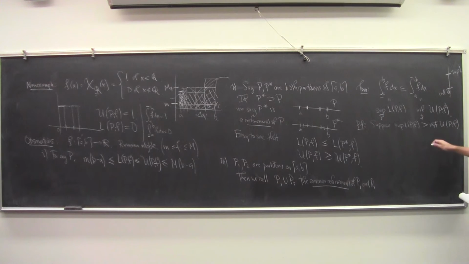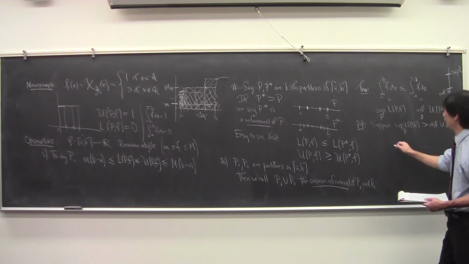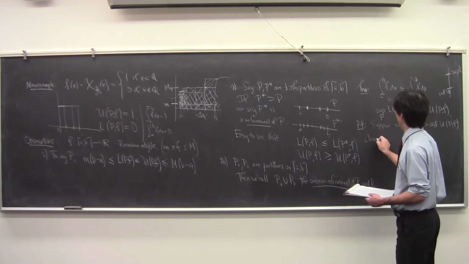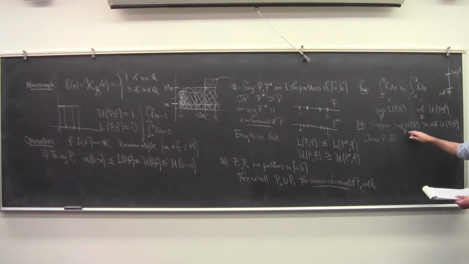Well, if that's the case, we can choose a partition P1 and choose another partition P2, so that the lower sum based on P1 is very close to the supremum here, and the upper sum based on P2 is close to the infimum here, right? So that one is strictly bigger than the other.